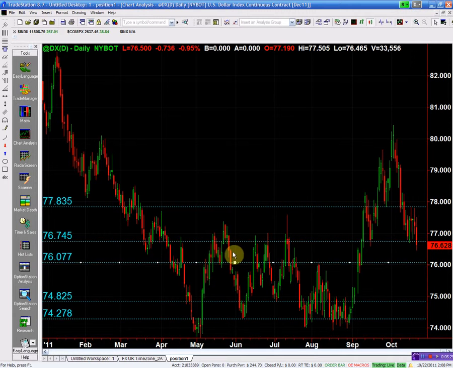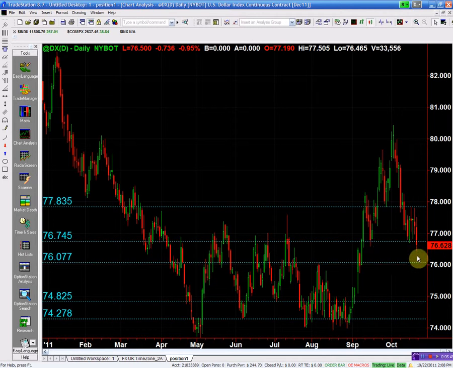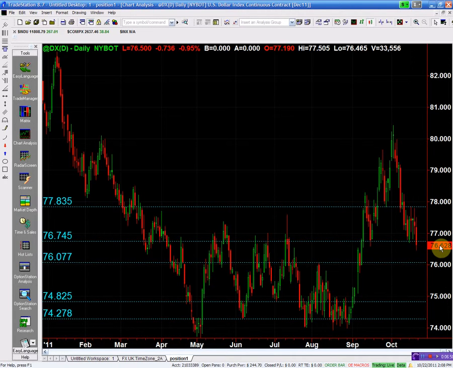We have a structural point which technically is the 76.74, but if you look at the most recent low here, it is 76.58, which means, if you look at Friday's low, we did break below that 76.58, and we came back to close at 76.62.